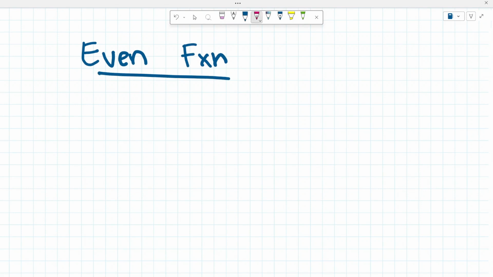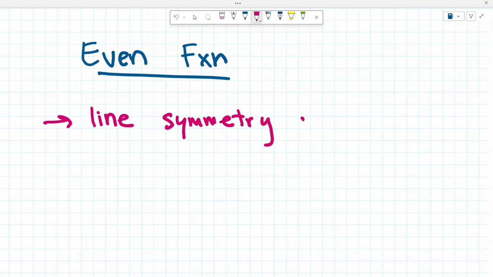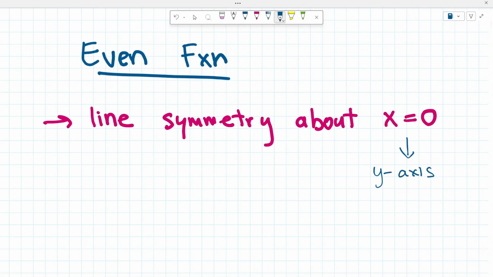So even functions have a special type of symmetry. In particular, they have line symmetry, and that is about the line x equals 0. So this line x equals 0 can also be known as the y-axis. So if we take a second and look back at the algebraic definition, we have f of x equals f of negative x.